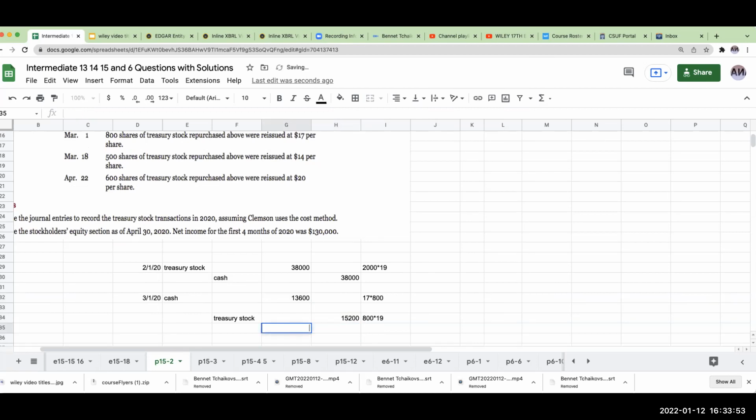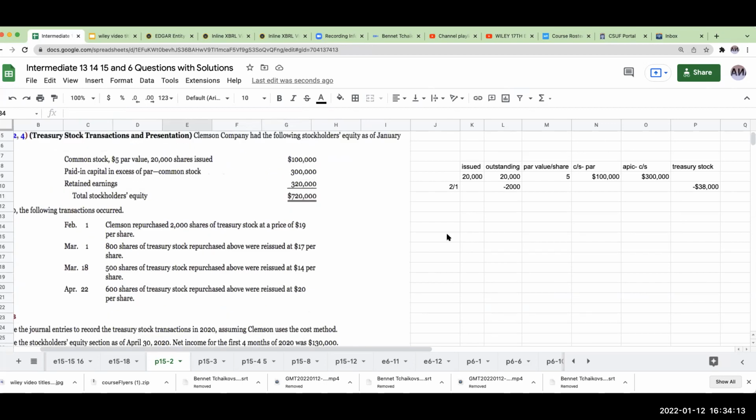So 15.2 minus 13.6 is 1,600. So this is going to be a debit to retained earnings. This is how I'm going to record this transaction when I have a loss situation, or if I sell treasury shares for less than what I paid for them.